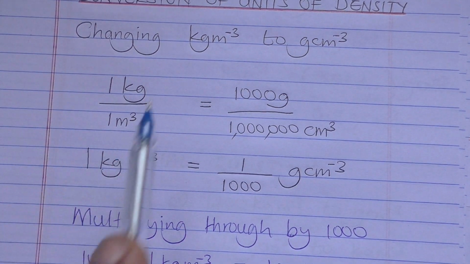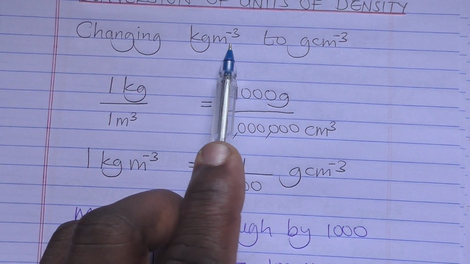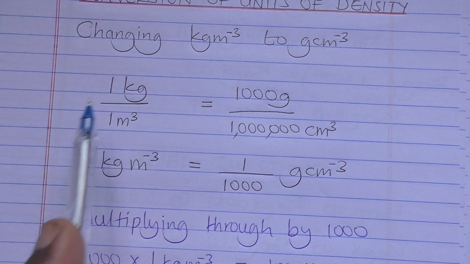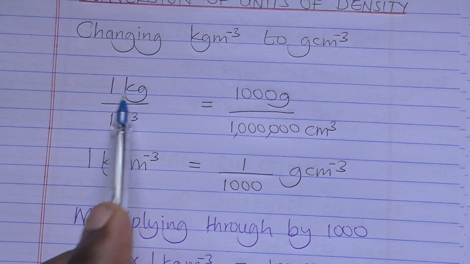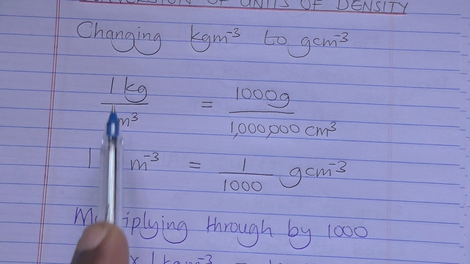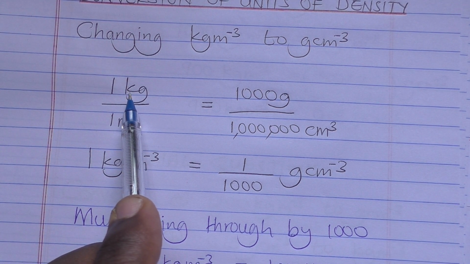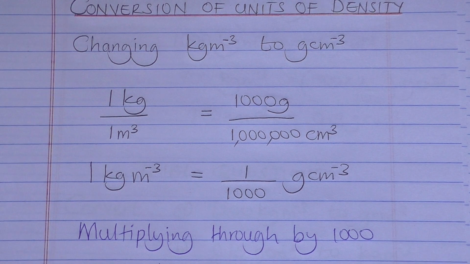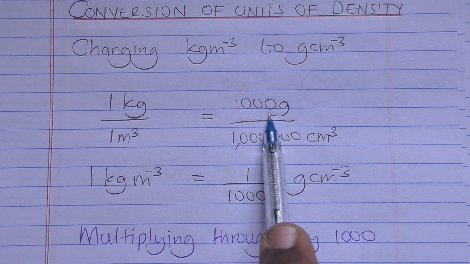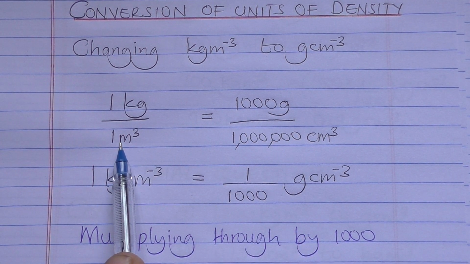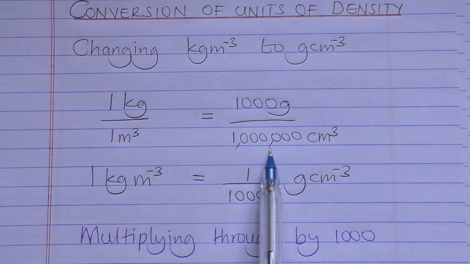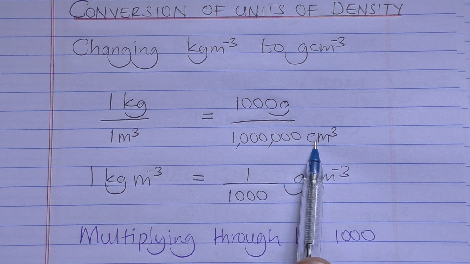So, kilogram per meter cubed means that we are dividing 1 kilogram by 1 meter cubed. But 1 kilogram is equivalent to 1,000 grams. And 1 meter cubed is equivalent to 1 million centimeter cubed.